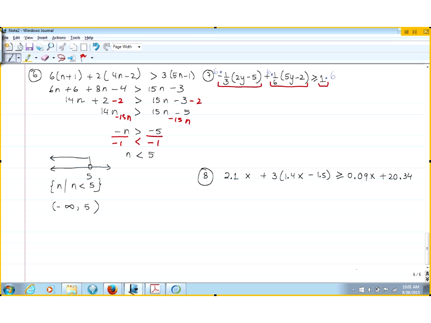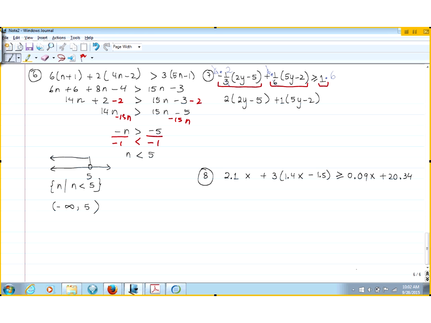Now what? Yes, so the 6 and the 3 cancel. What is 6 divided by 3? 2. Good. Now the 6 and the 6 cancel also, and this is 1 times 6. So what is this then? 2 times 2y minus 5 plus 1 times 5y minus 2.